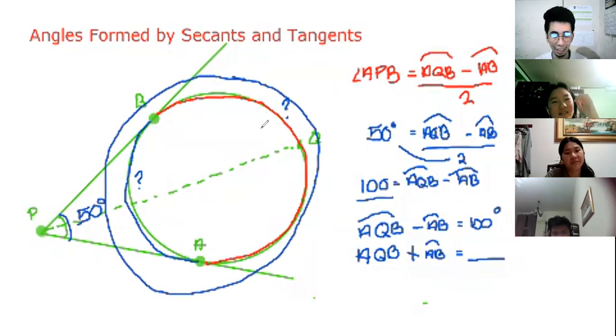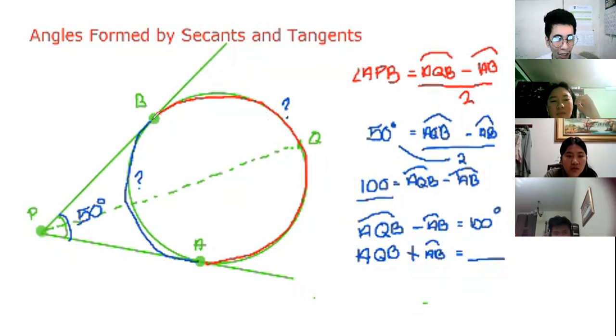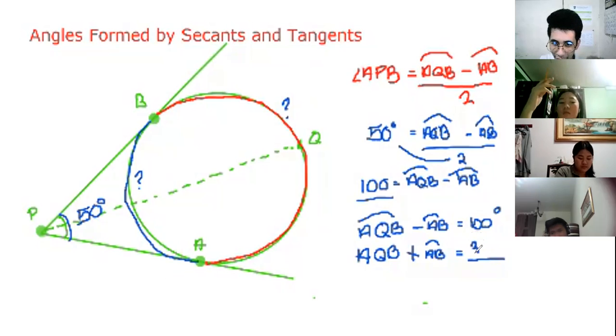Look at the circle. Meron tayong arc AB, then meron tayong arc AQB. Ngayon, pinagsama natin yung dalawang arc na yon. Ilan lahat yon? Buong circle po. Very good. And what is the measure of whole circle? 360 po. Okay, 360.